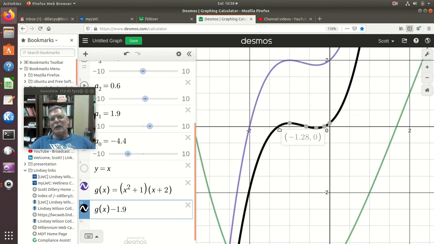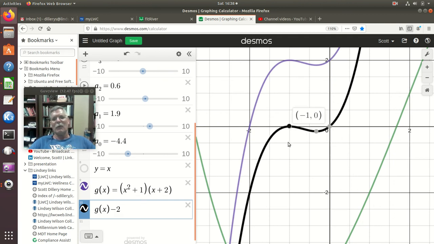I'm not sure why it's not showing the 0 there, but at minus 1.28 and 0, and then here at that 0, and there at that 0. So if I pick the right number, it's got 3 zeros. It looks like if I picked a 2, it had just 2 zeros, so it can have that. One's a repeated 0 if you factored it. This would be like x plus 2 quantity squared.